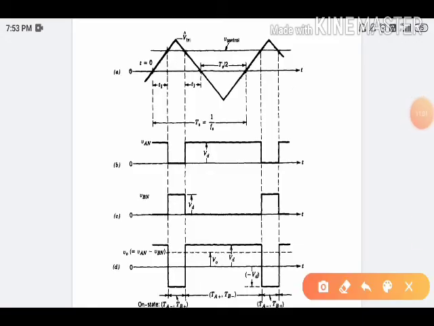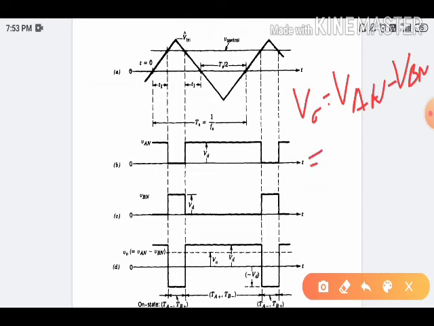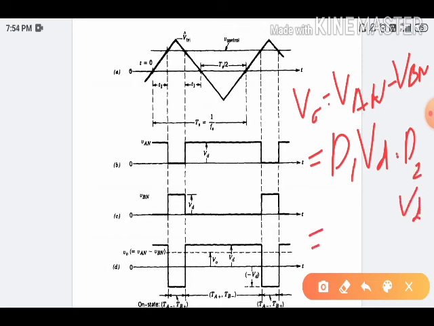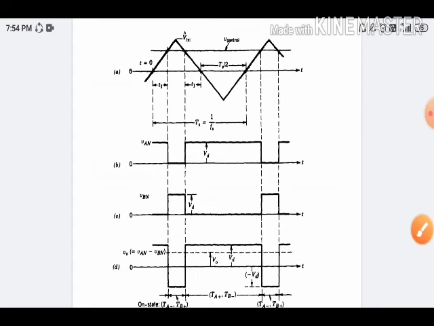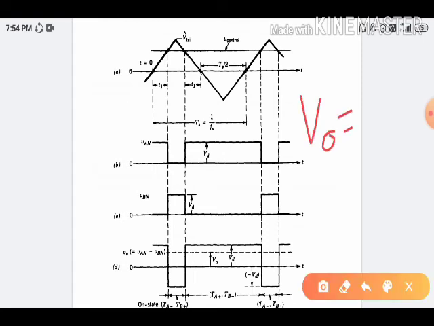We have also seen that the output voltage is equal to VAN minus VBN, which is the duty ratio of TA positive into VD minus the duty ratio of TA negative into VD. That is 2D1 minus 1 into VD. If we calculate this, Vout is equal to VD by V triangle peak, which is VP, into V control.